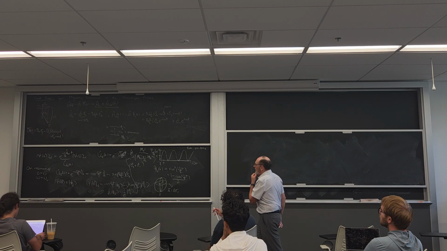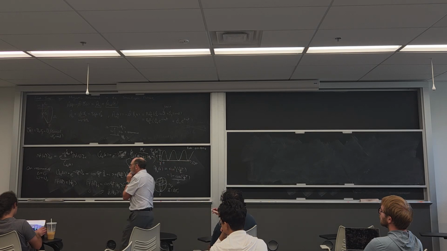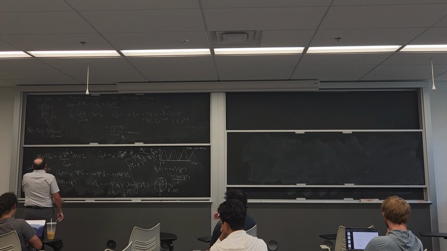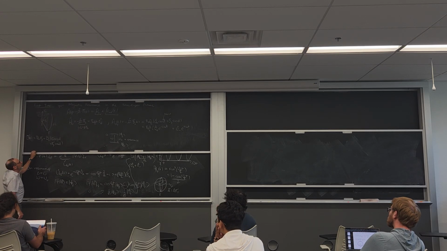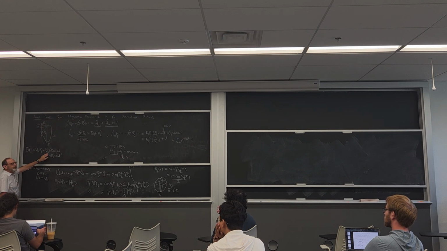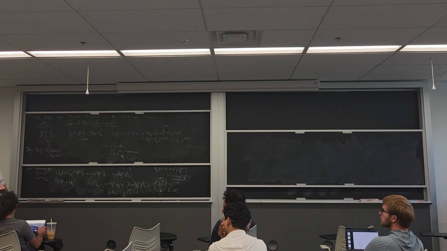I should mention, let's go back to this picture over here. The way I've chosen this magnetic field was somewhat arbitrary, to be along the x-axis at time t equals 0.